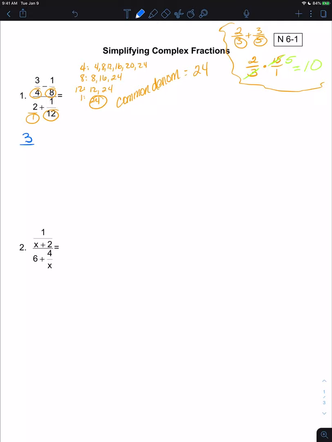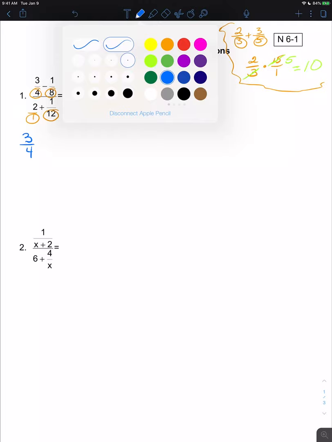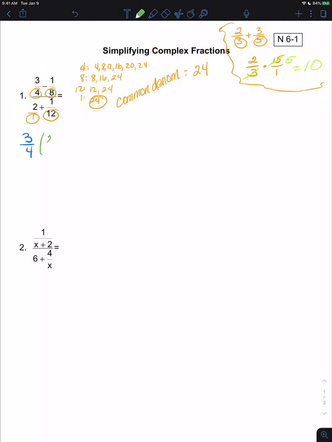So we've got 3/4, and we're going to multiply it times 24. Remember, any whole number is always over 1. Then minus 1/8, and we're going to multiply it by 24.